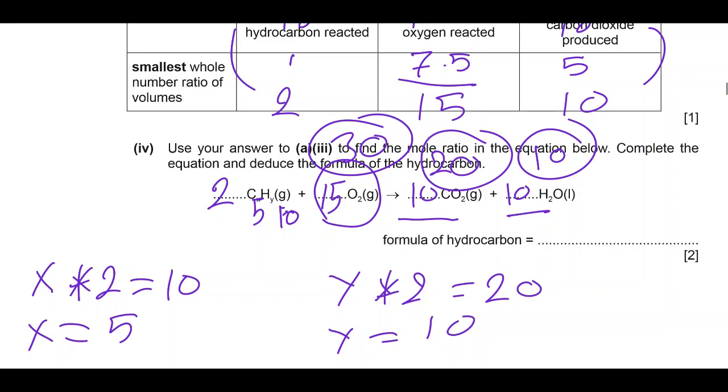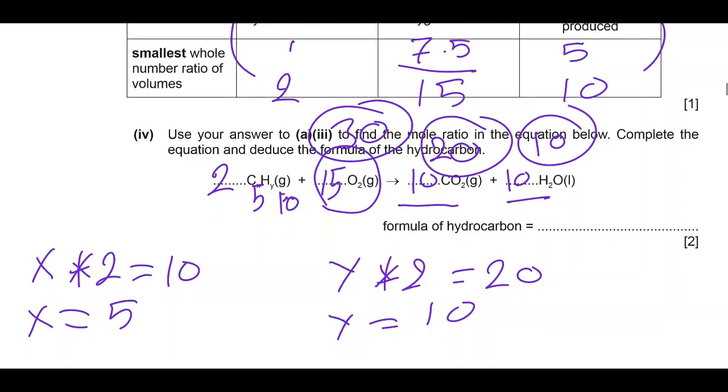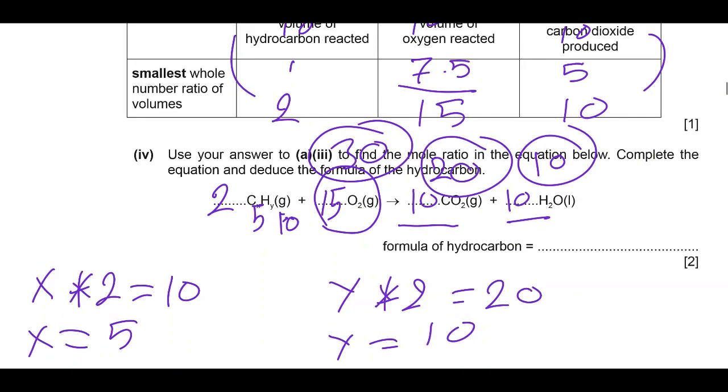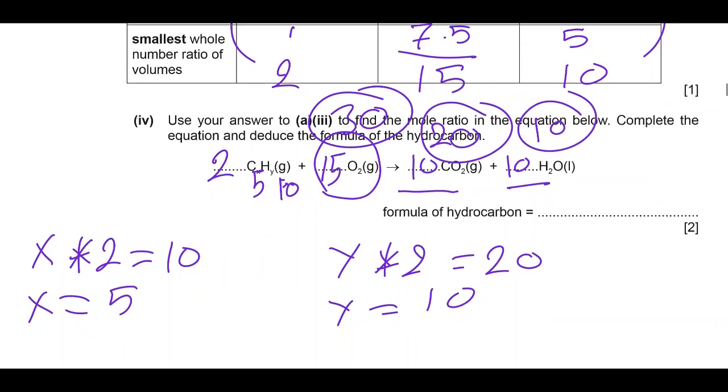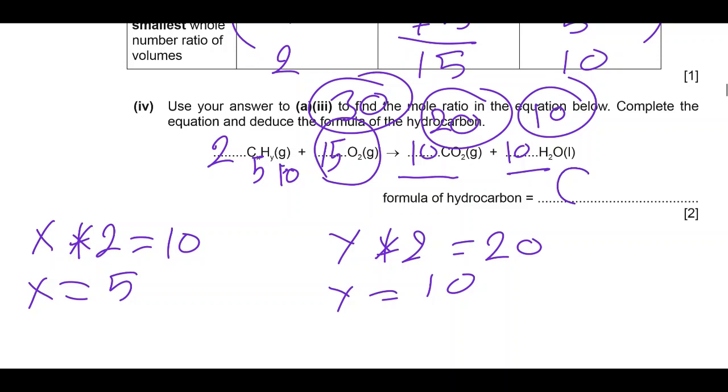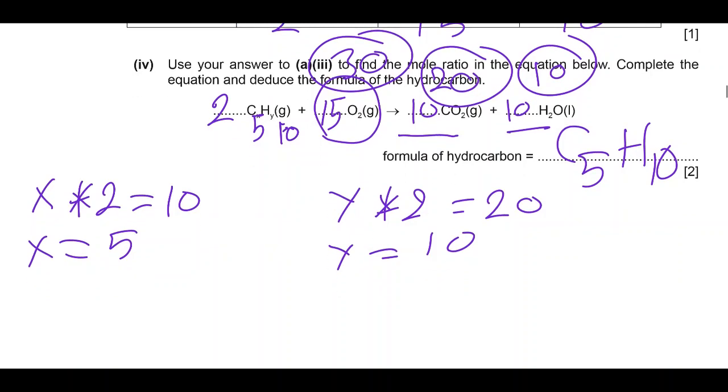So what's the formula of the hydrocarbon? The formula of this hydrocarbon is C5H10. We can name this compound pentene.